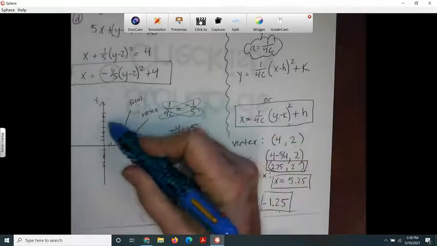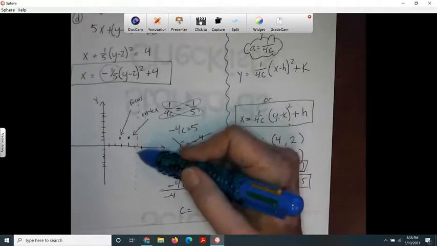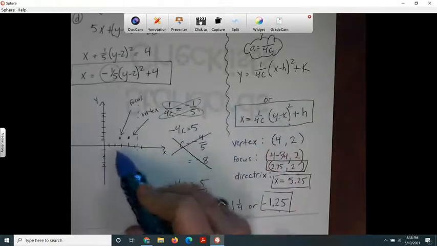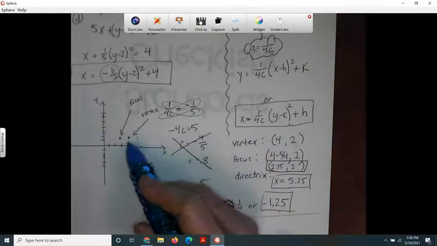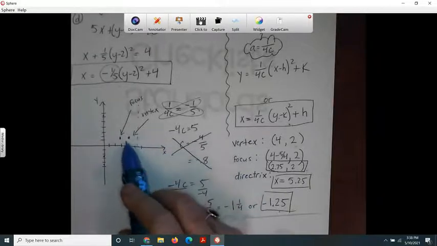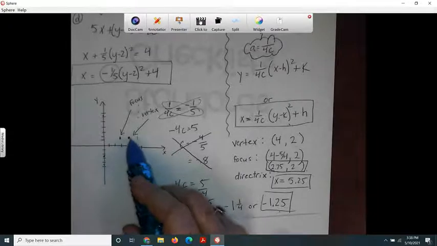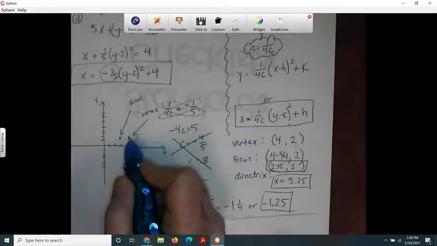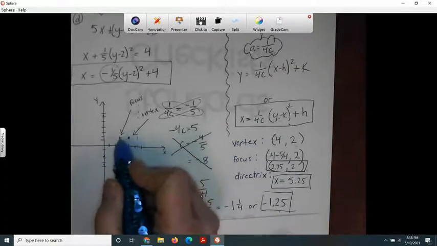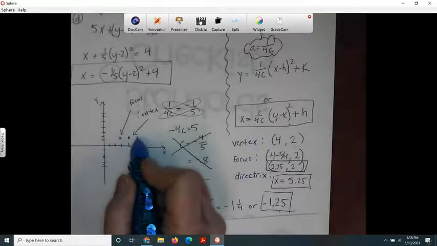Remember, it's going to open this way. The directrix is going to be x equals whatever that is. So how can we get it? We can go to the vertex and then just move. We know that the distance from the vertex to the focus is going to be the same as the distance from the vertex to the directrix.